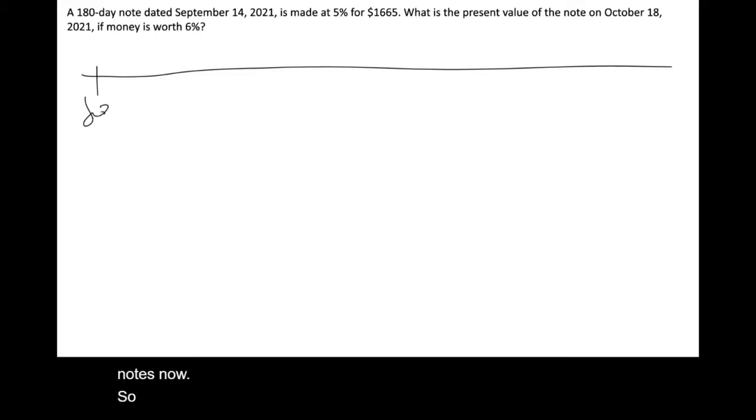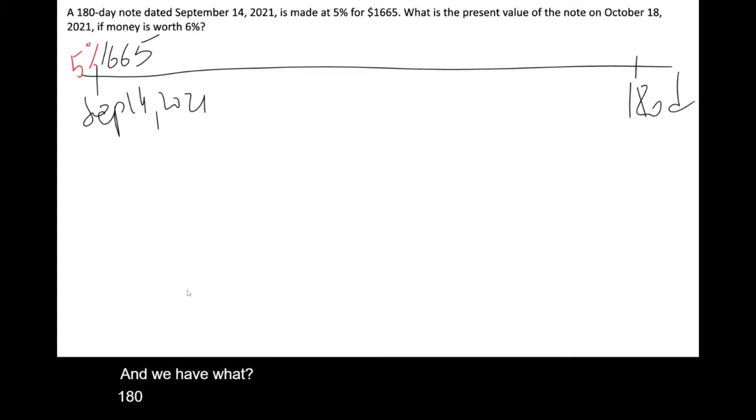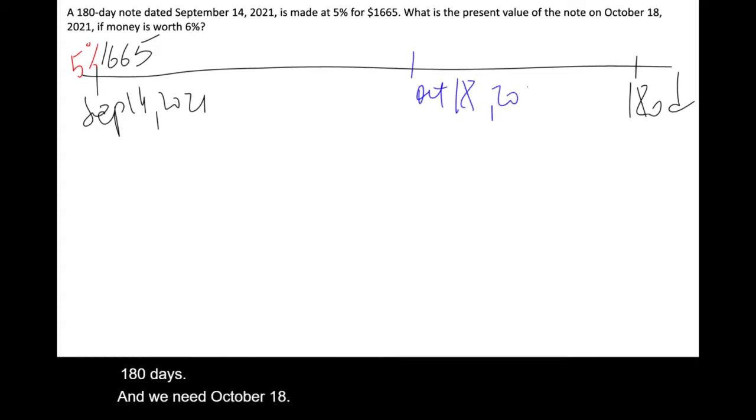September 14, 2021, and we have 1665, and we have 5%, and 180 days, and we need October 18, 2021, and 6%.